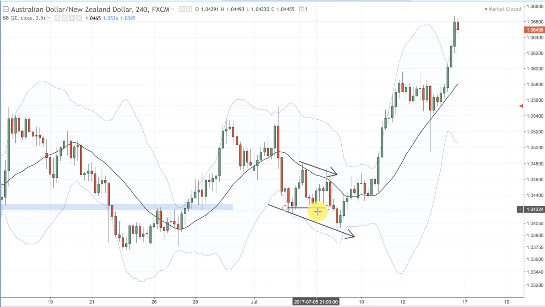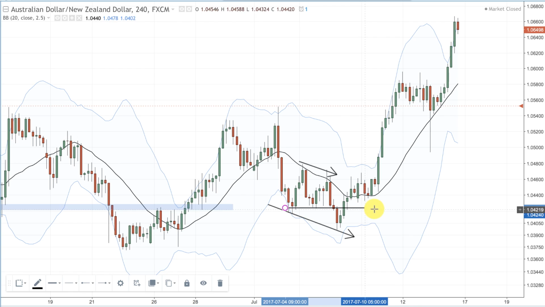We are making an equal low, and here we are then making our final push to the downside, which looks almost like a bear trap, where we have a strong push lower, which then immediately gets rejected to the upside. Again, we can draw our head and shoulders here very nicely.